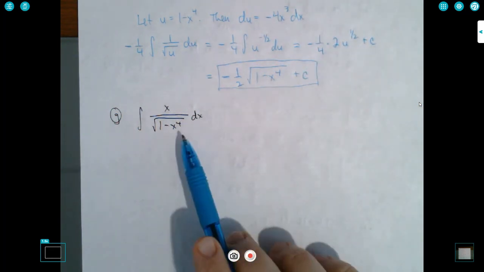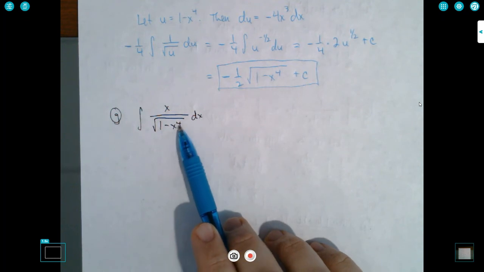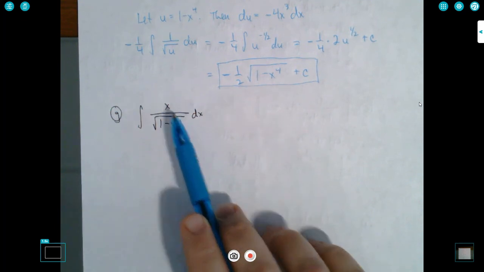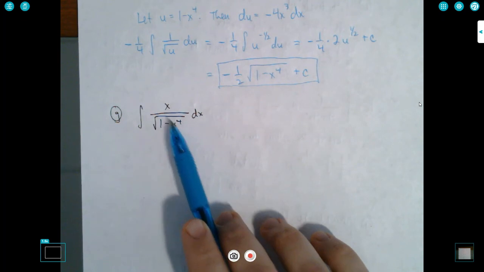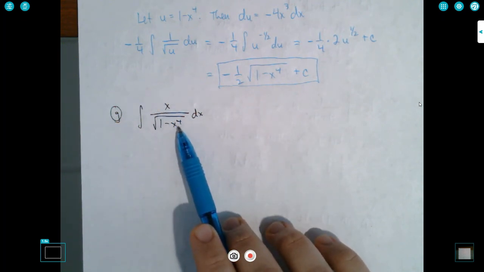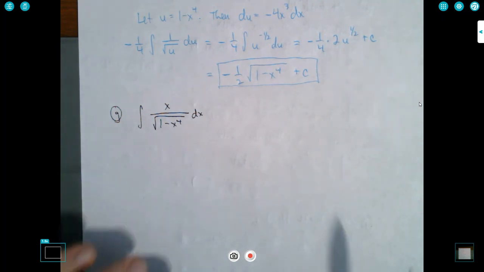However, notice that the variable down here that's being squared is x squared. And when I take the derivative of x squared, I get 2x. Ooh. So if I do a u substitution first, then I think I can get this to be a sine inverse type of thing.